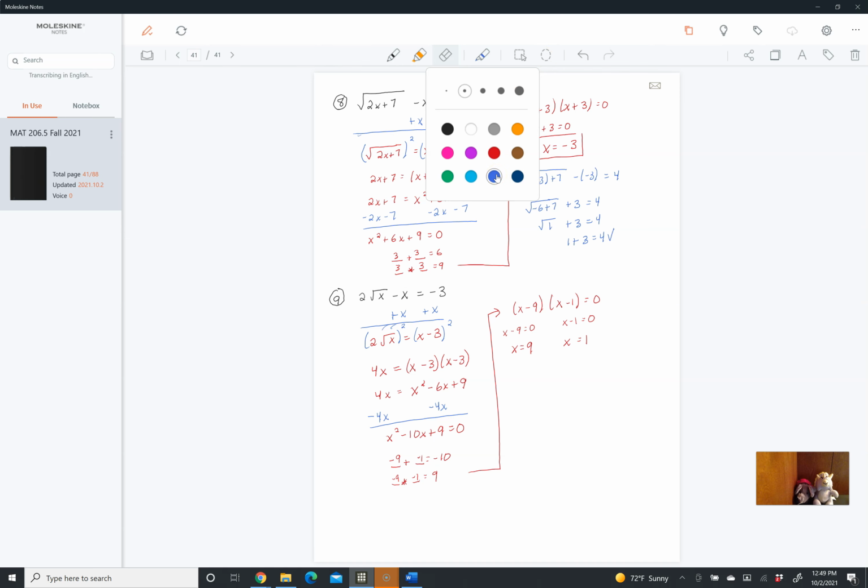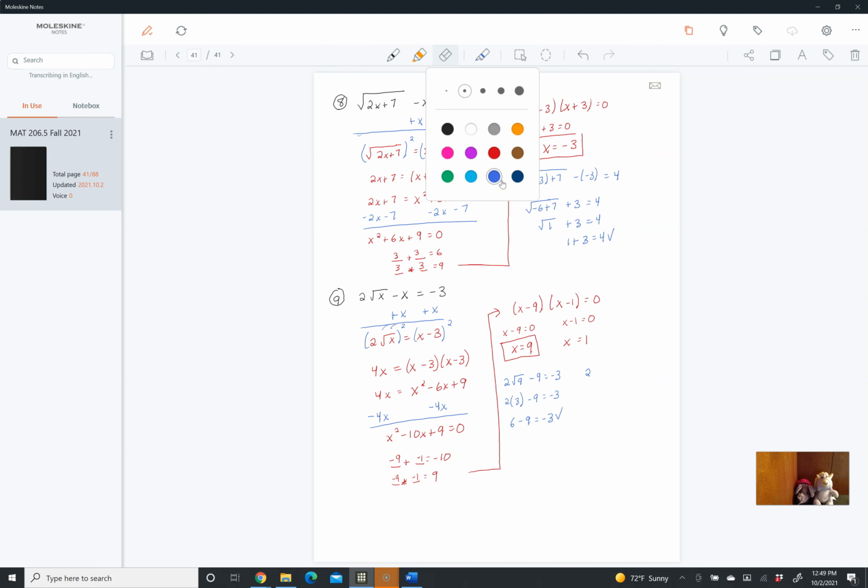So we have 2 times the square root of 9 minus 9 equals negative 3. So 2 times 3 minus 9 equals negative 3, or 6 minus 9 equals negative 3. This is true. So x equals 9 is a solution. We can box it.